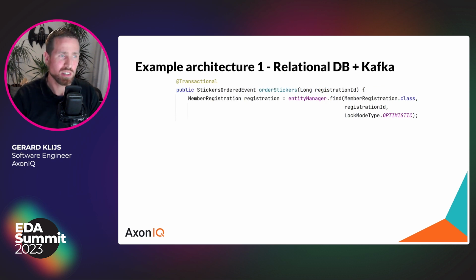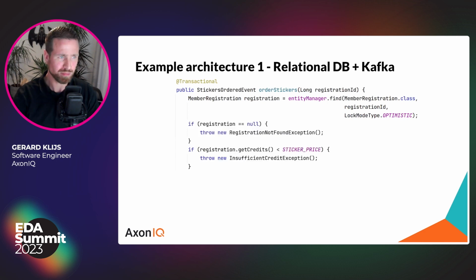So this is the sticker ordered event, making it transactional. So then we get an identity manager and use optimistic locking there. And if the registration is null, then there's no registration, so there's no event. If the credits is less than the sticker price, then it's also not sufficient.